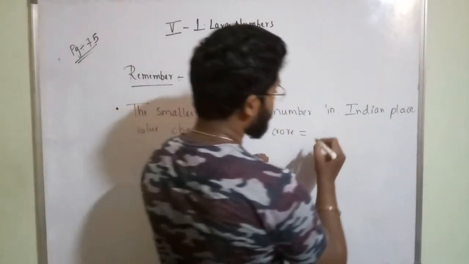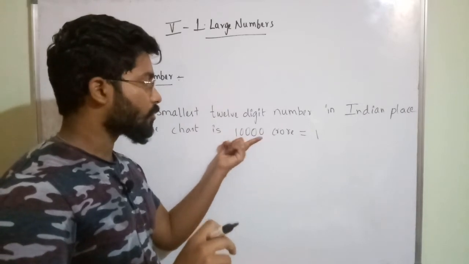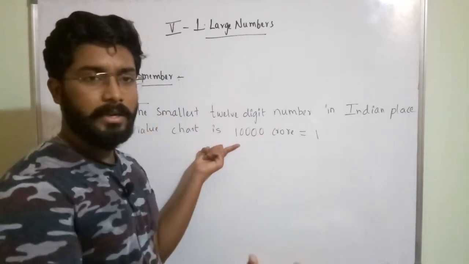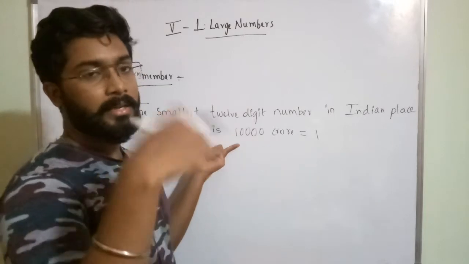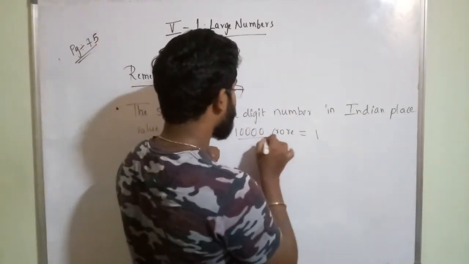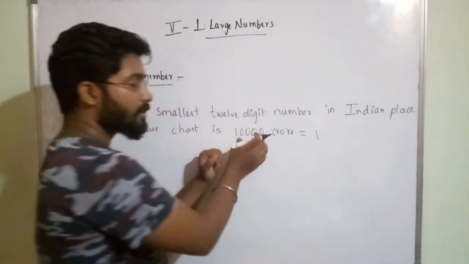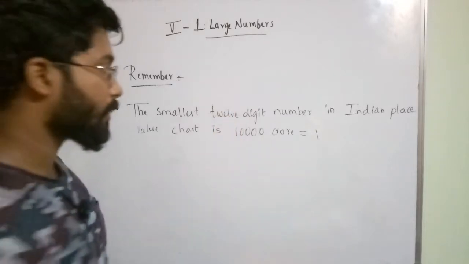How will you represent 10,000 crore? Crores will be in one period, then lakhs, then thousands, then ones. So how many digits are there in the crores period here? 1, 2, 3, 4, 5, these 5 digits will be in the crores period only.